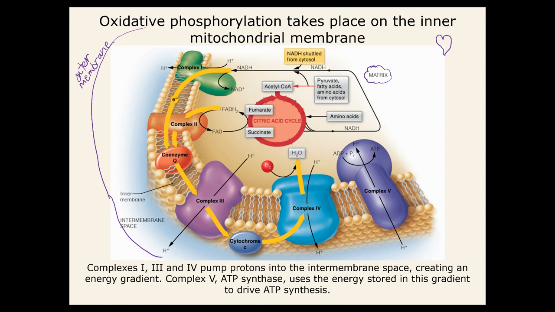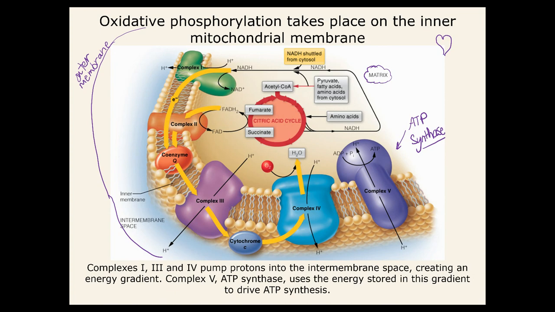You have complex 2, complex 3, complex 4, and then you have complex 5, which is really the ATP synthase. That's going to be the protein that ultimately makes ATP.